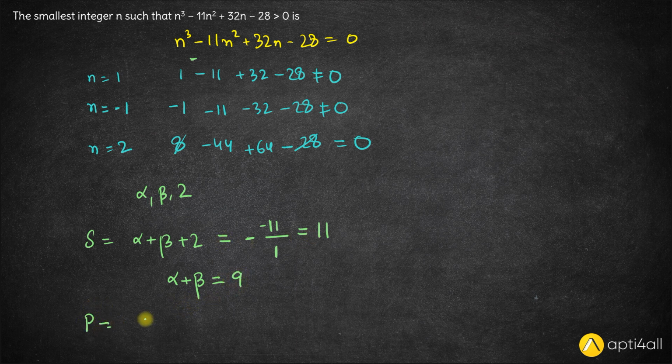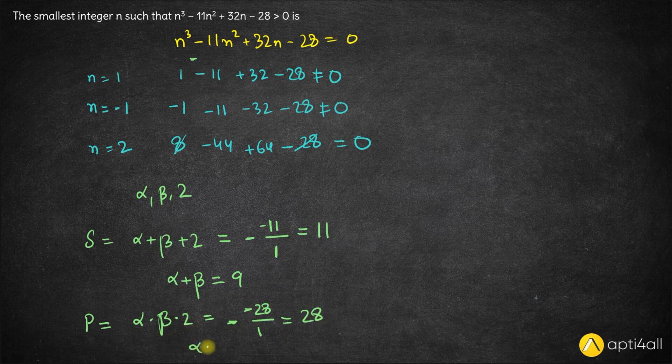Now the product of the roots is alpha into beta into 2. The product of the roots is plus minus plus minus, so minus times the constant term minus 28 divided by the coefficient of n cube, which is 1. So the product of the 3 roots is 28.